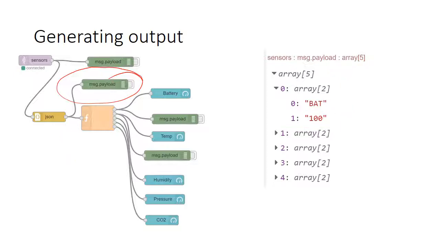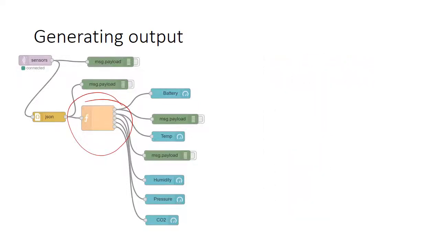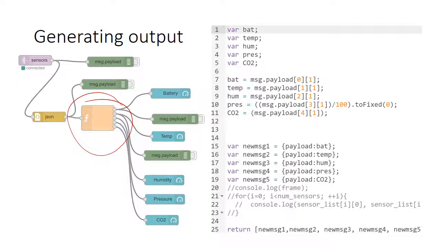So let's take a look at what we need to do to actually process that data. And what we need to take a look at is what's going on in this functional module. So let's take a look at some of the coding that's taking place in that functional module. It's really pretty straightforward.